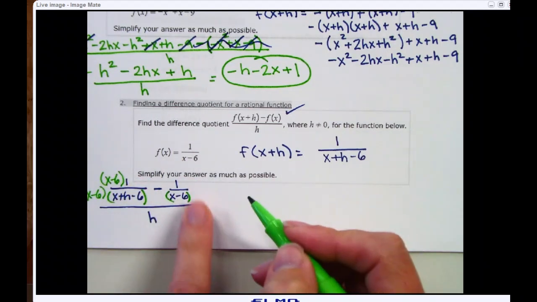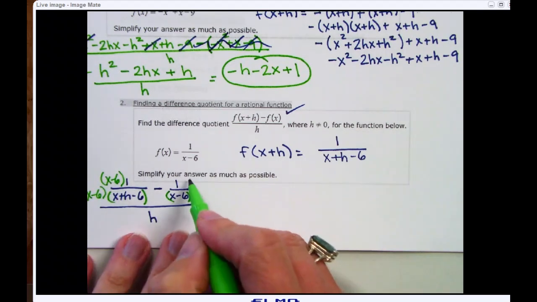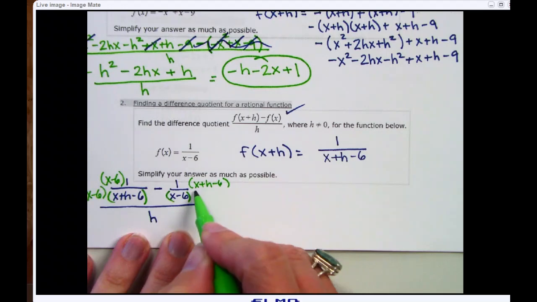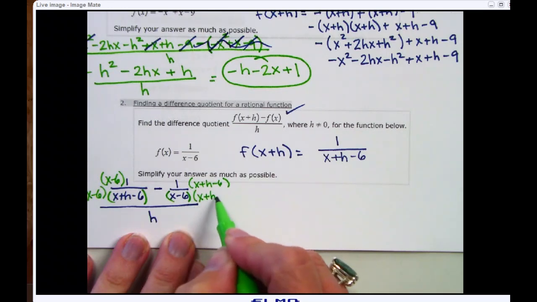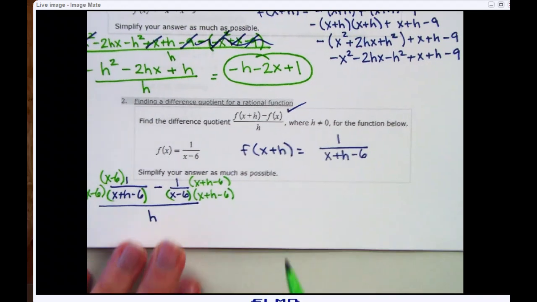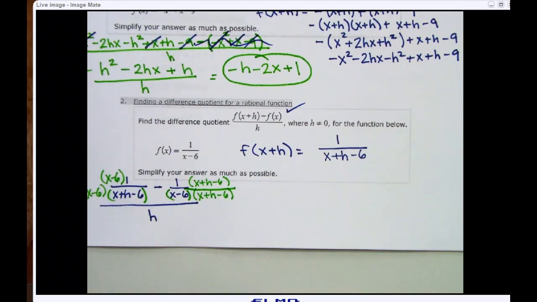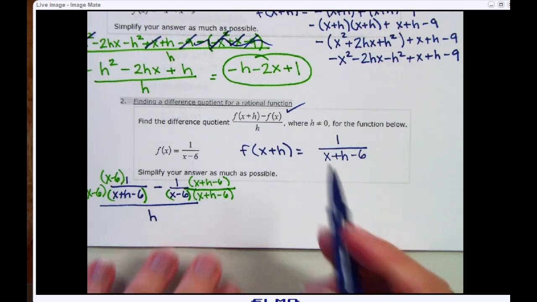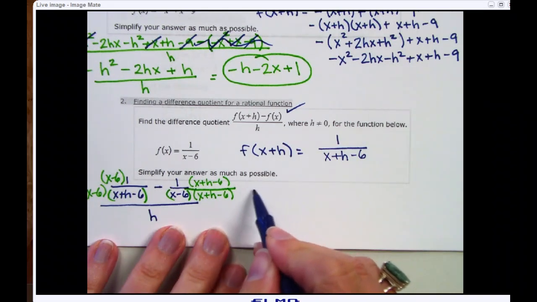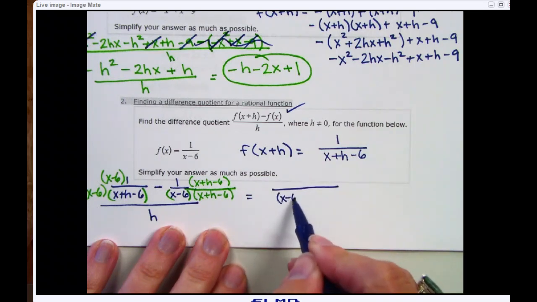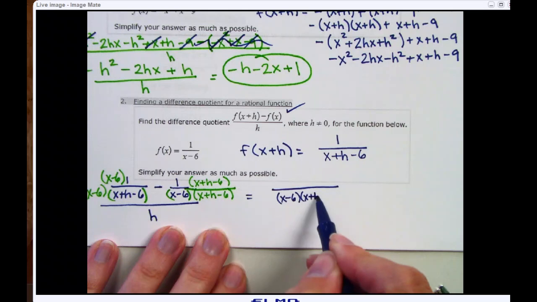And I need to multiply this one by x plus h minus 6. All right. So then we have what? Our common denominator is x minus 6 over x plus h minus 6.